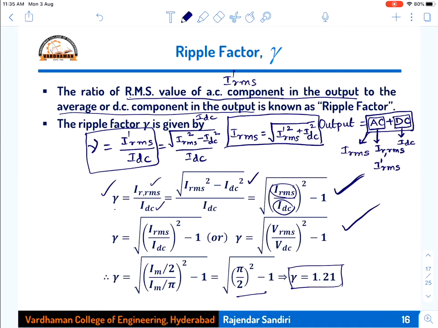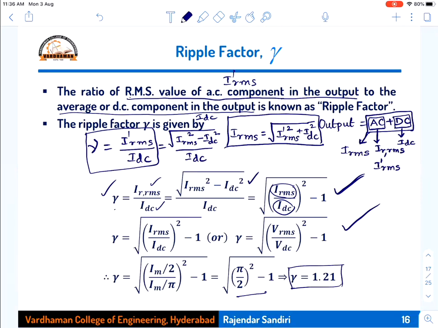So 1.21 means more AC portion is there in the output because the ripple factor value is large. If the ripple factor is 0 ideally, then it will be a perfect AC to DC conversion. But it is not converting to pure DC. Definitely your ripple factor will not be 0, but it should be as small as possible to have more DC present in the output than the AC.